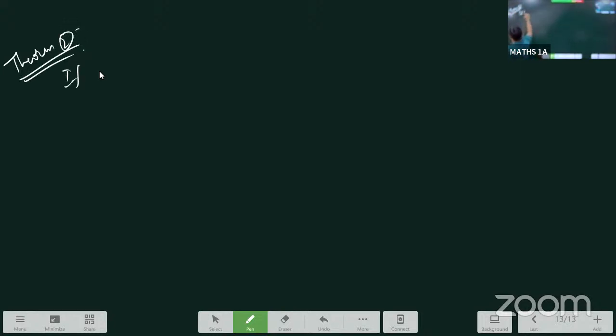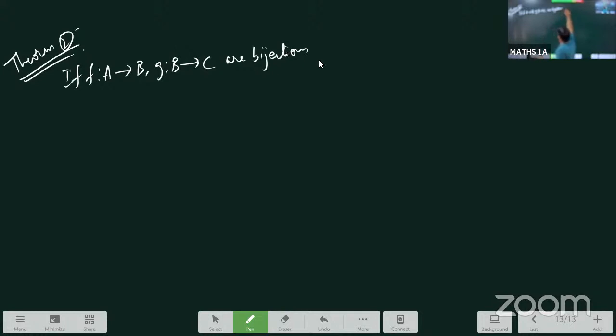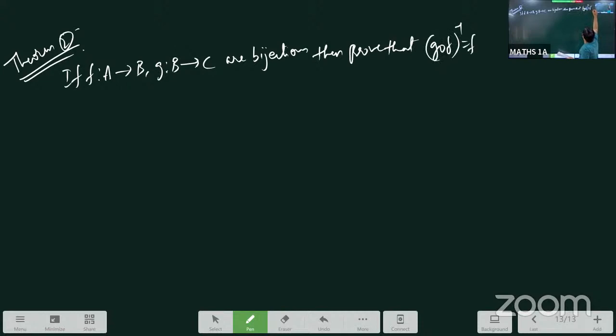If f is a mapping from A to B and g is a mapping from B to C, and they are bijections, then prove that (g circle f) whole inverse is f inverse circle g inverse.